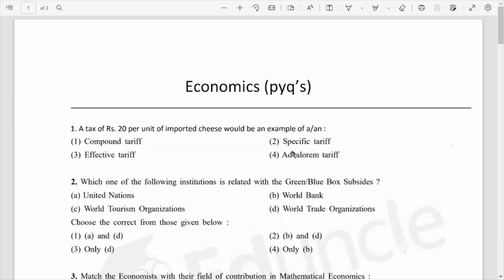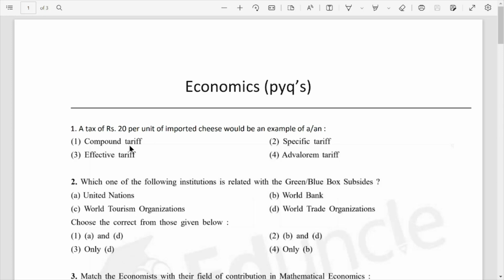A specific tariff is calculated on a per unit basis, like per kg, pound, etc. A compound tariff is a mixture of these two, ad valorem tariff and specific tariff.